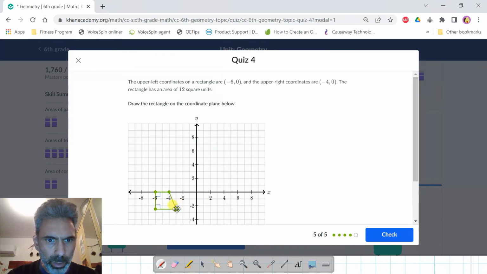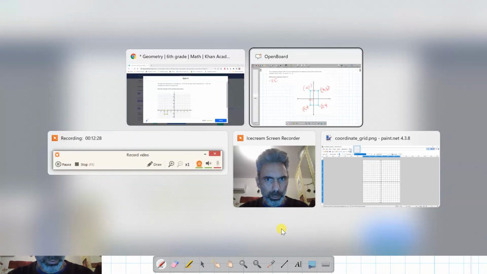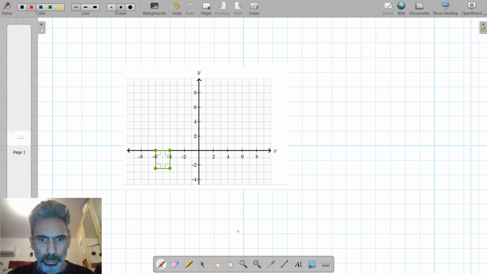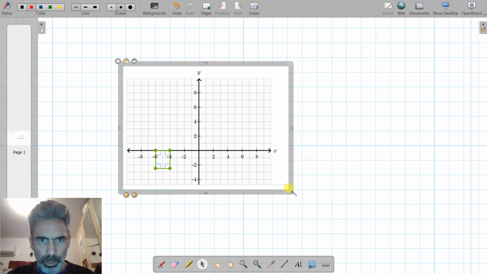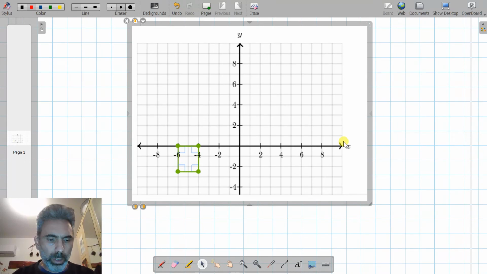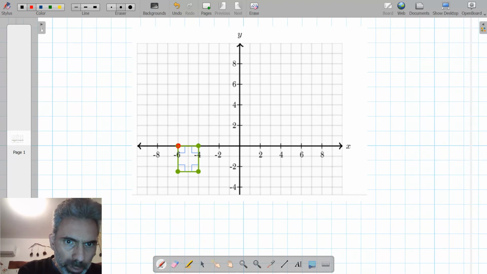Okay, so let me just create a rectangle, and then I'll copy this to the board, and let's figure out where this rectangle needs to be. So we know that these 2 points are the real points.